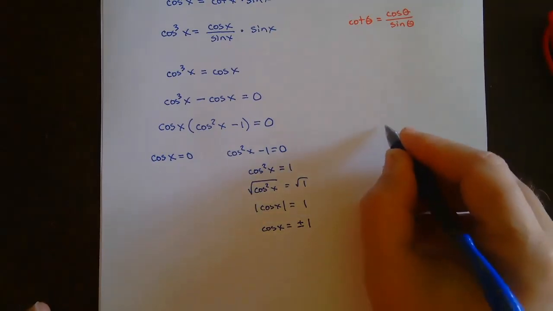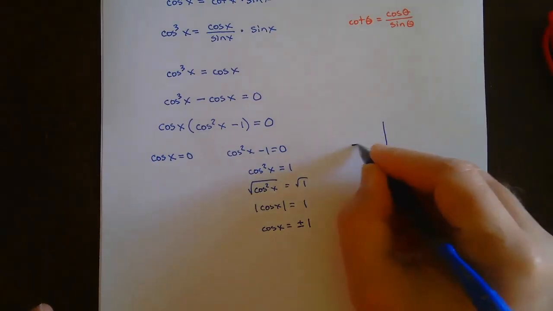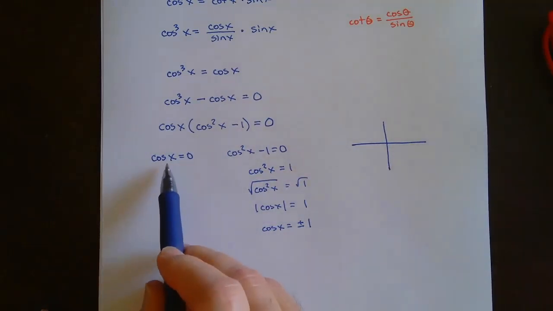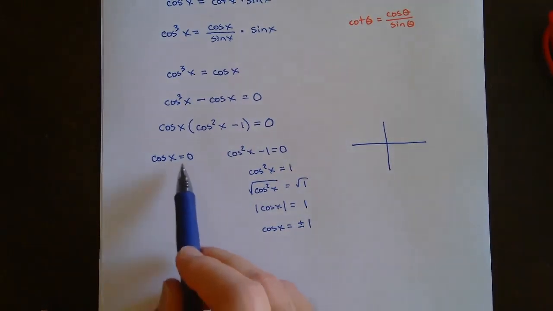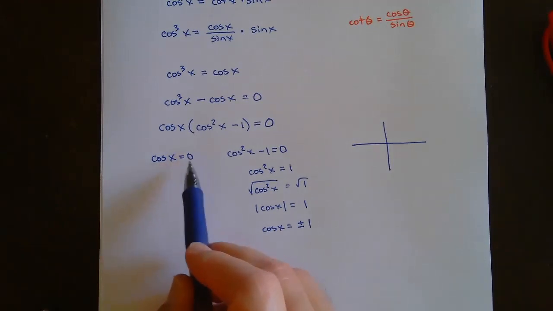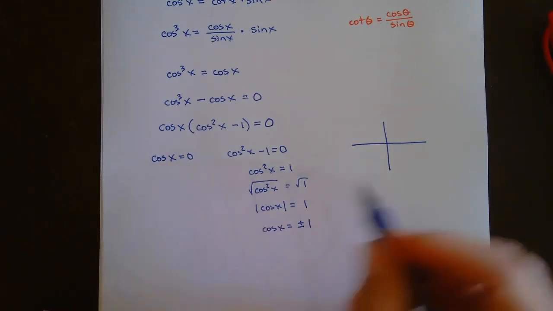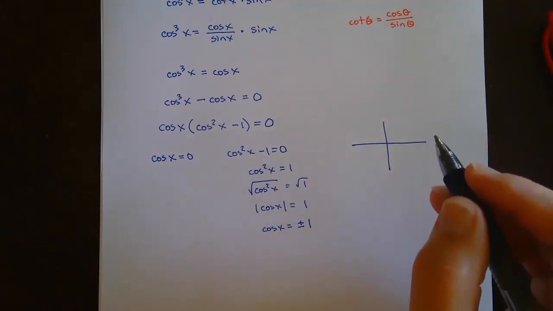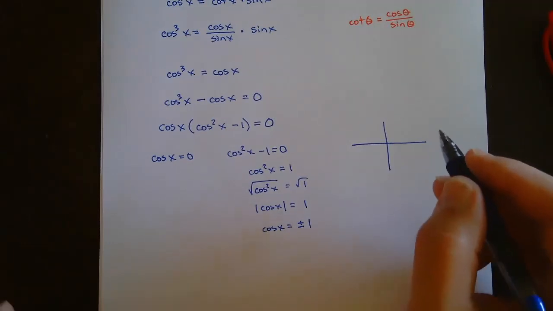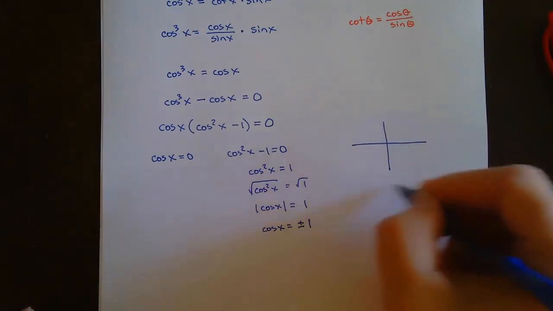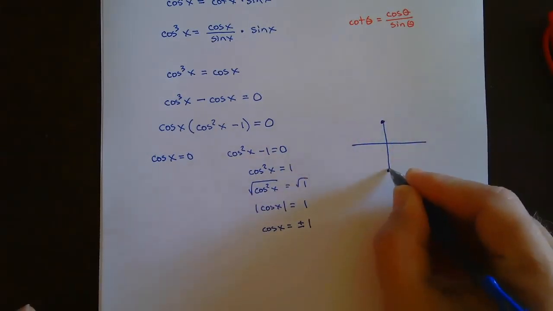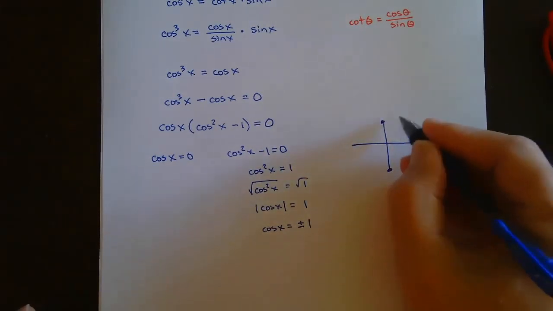Okay, so where is cosine x equal to 0? Well, this ratio, the cosine, is x over r. So it's going to be 0 when x is 0. That's going to happen on our unit circle at this angle right here and this angle right here. This has coordinates 0, 1.